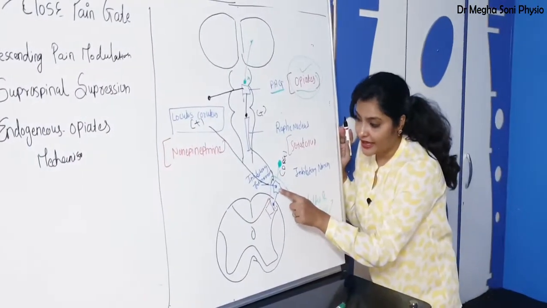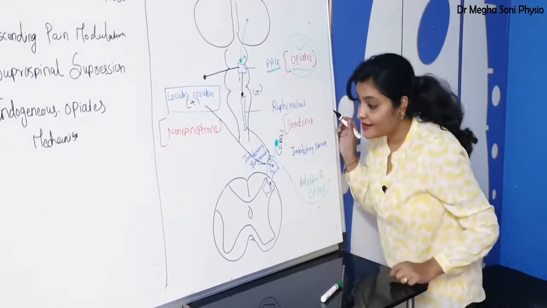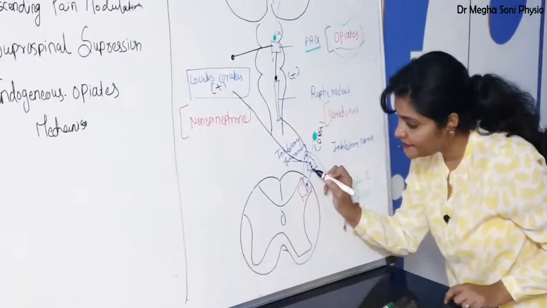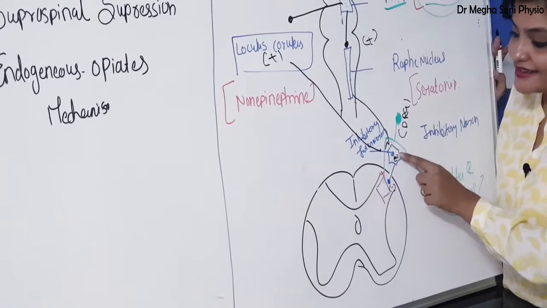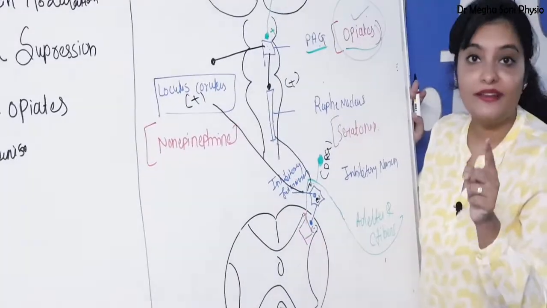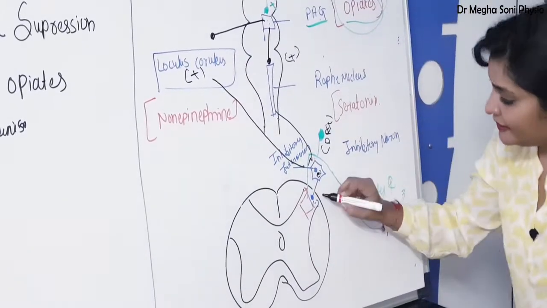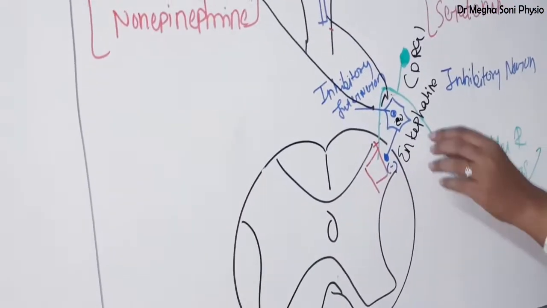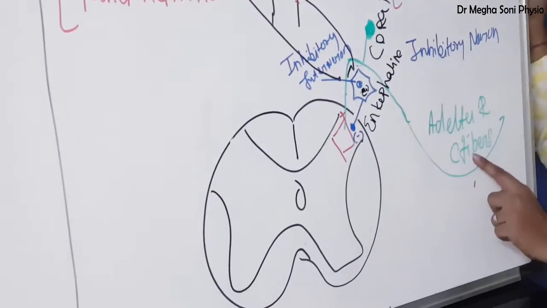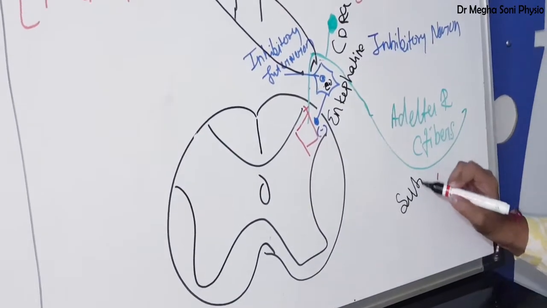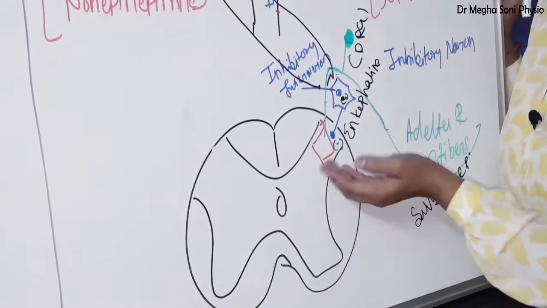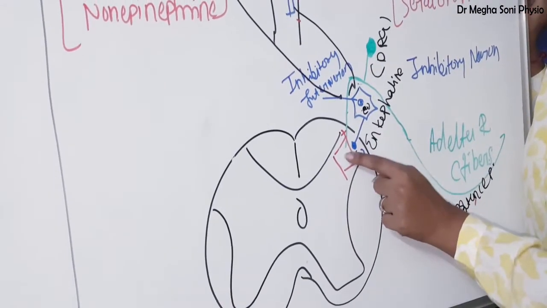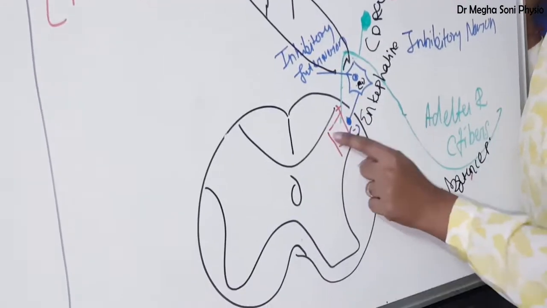So this dorsal root ganglion stimulates this inhibitory neuron, and whenever we stimulate this inhibitory neuron, it secretes endogenous opiate, that is enkephalin. Now this A delta fiber and C fiber secrete substance P over the lamina presynaptic region, and this stimulates the T cell, the neurons over here.